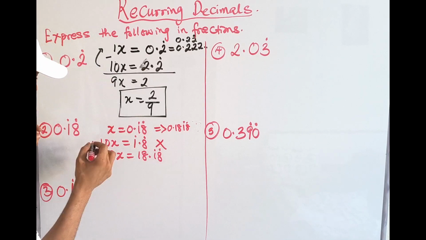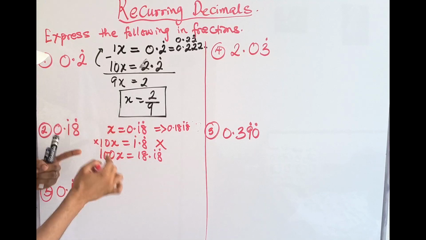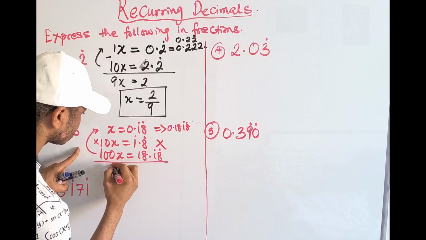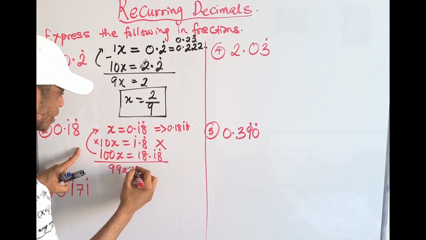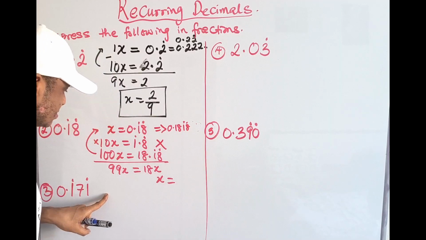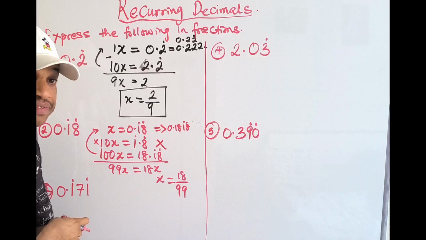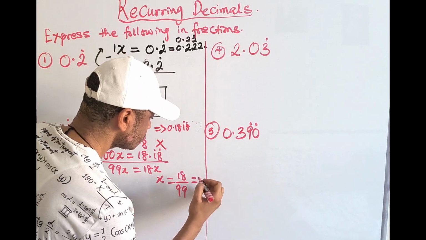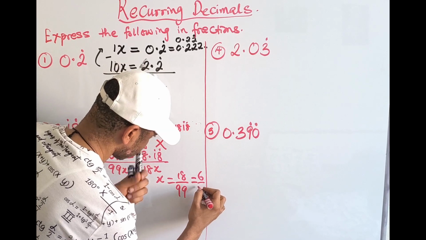So this is the one that works. I can now subtract this from this. So this is 99x, 100 minus 1, is equal to 18x. So x is 18 by 99. You can simplify. What do you think we'll get? We can divide by 3. This is 6, this is 33.